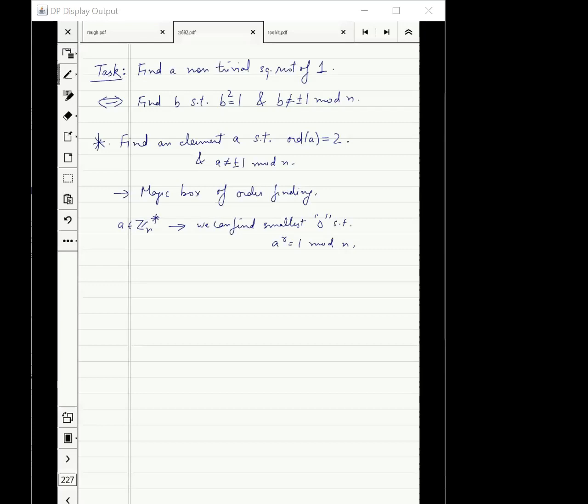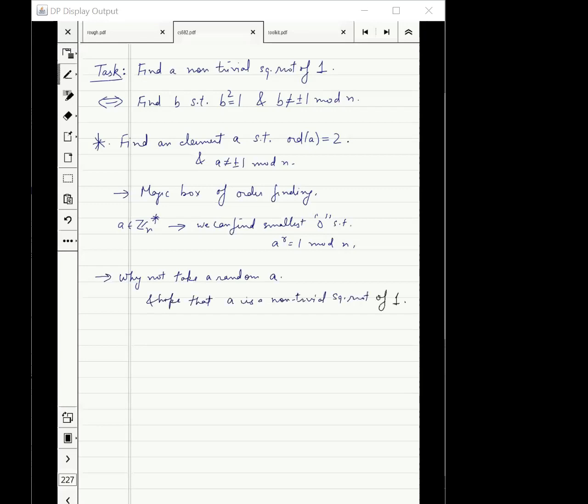We'll have to check for multiple elements. We have to run a search, something like that. So why not take a random A and hope that A is a non-trivial square root of 1?